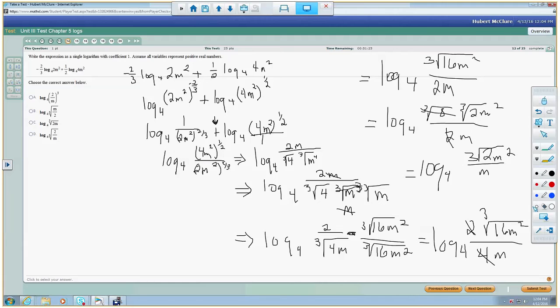So which one is that? Log base 4 of the cube root. Okay, they put the cube root on top of it. Great. So that'd be the cube root.